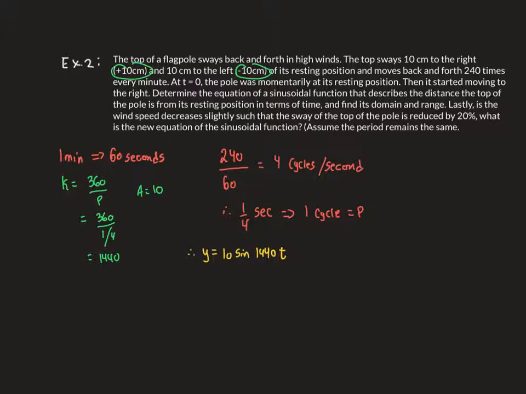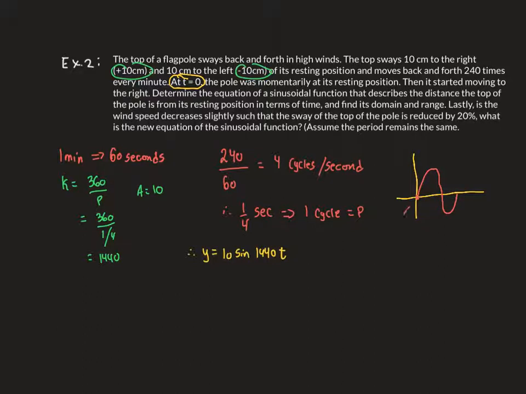Now, why wouldn't I have a D here? Well, because it's not moving left or right. You are definitely into a sine function right here, because I know at t is equal to 0, that's why this line here is very important, the pole was at resting position. So basically at the beginning of my time, it was at resting position. If you guys remember, just to give you a visual representation, a sine function goes like this, up, down, up.